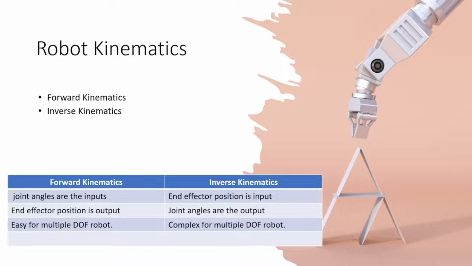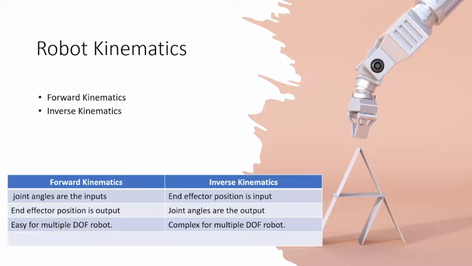In inverse, we know the end effector position and we need to calculate the joint angles to reach that position. I will explain the two methods in detail in the next slide, but not the mathematical part. I will show you the equations, but don't be afraid. I won't go beyond the equations. Later on I will come with a video where I will describe forward and inverse, as we always do in our classrooms.